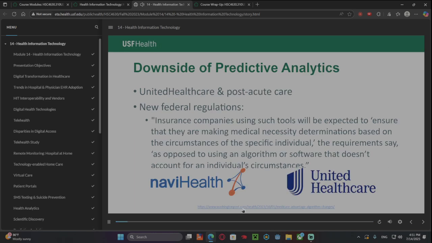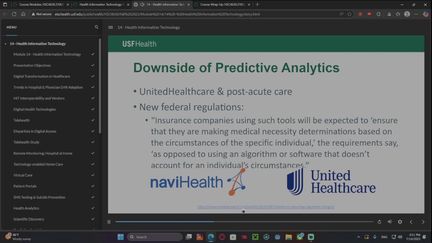However, there is a downside to predictive analytics. United Healthcare was using a product and service from Navi Health to help guide their decisions about post-acute care. That is, to allow hospitals and health systems to use post-acute care and how long to keep patients in those services, such as skilled nursing facilities and rehab.